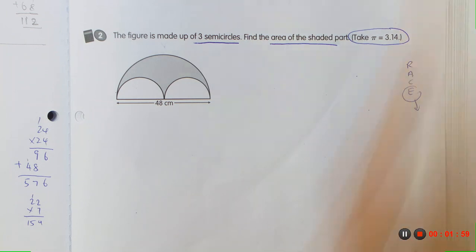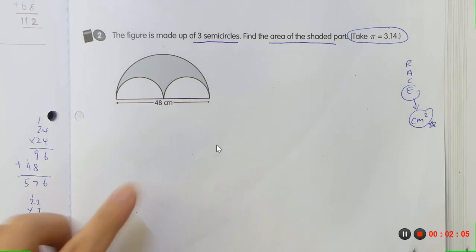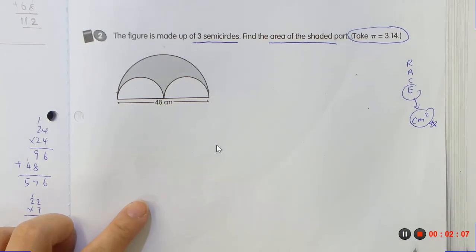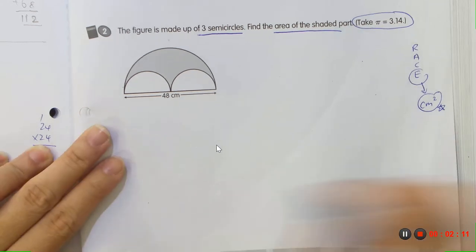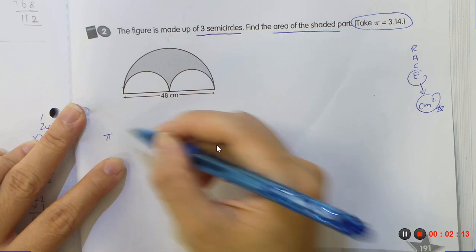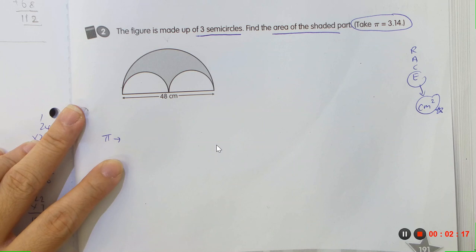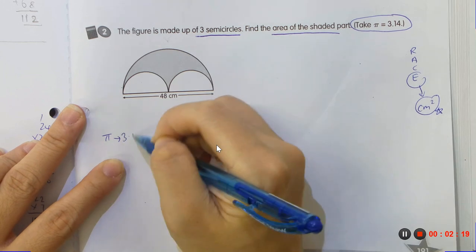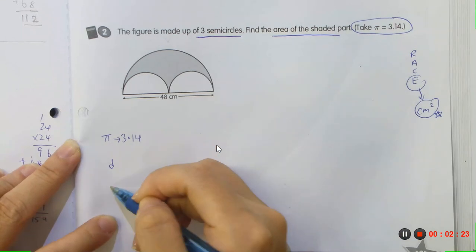Because it's talking about area, we are looking at the square centimeter. Then let's take a look at the notes that we will write. Previously we wrote pi. Pi is, in this question, 3.14. Now, then we talk about writing D and R.